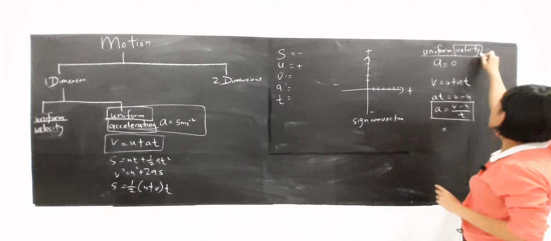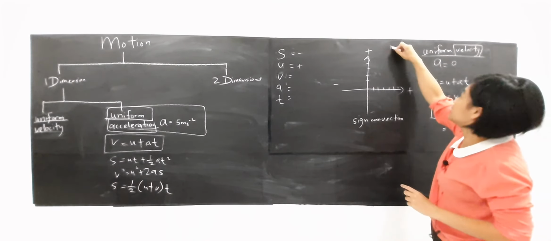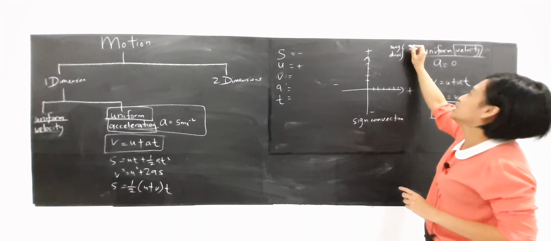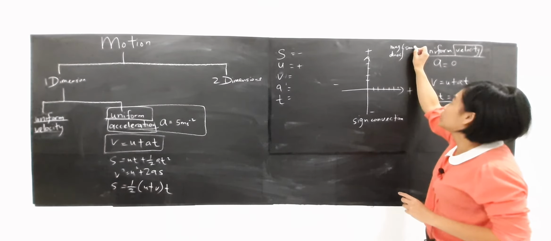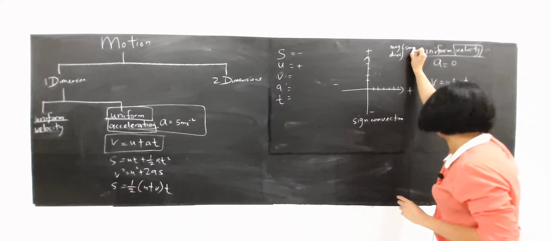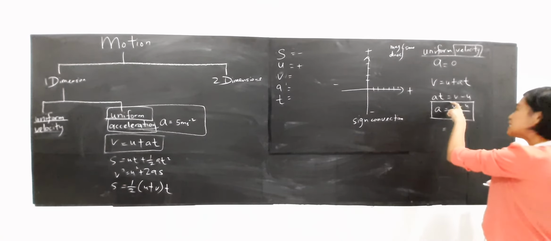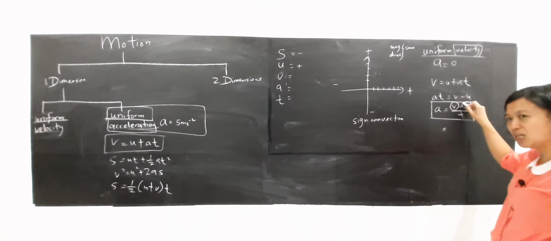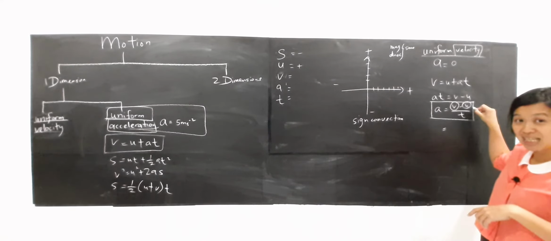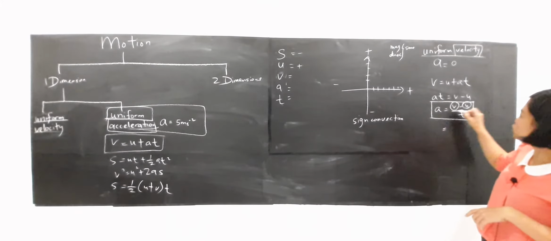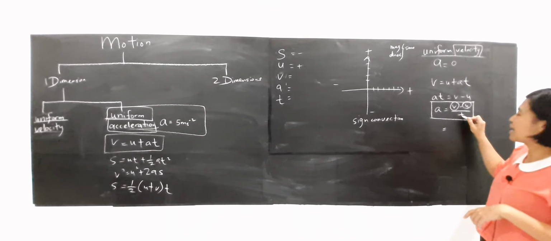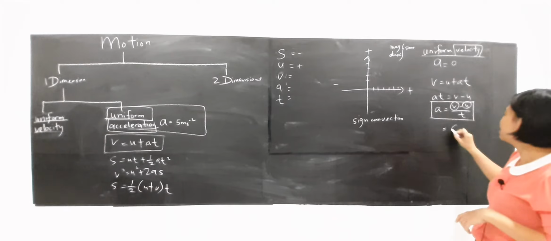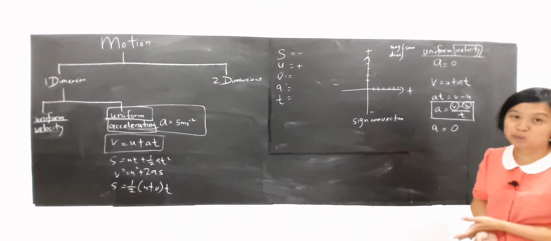Uniform v means that the magnitude and the direction always maintain the same. If the values are the same, for example if this is 5 and this is also 5, 5 minus 5 is zero, right? Zero divided by any value, you always get 0.